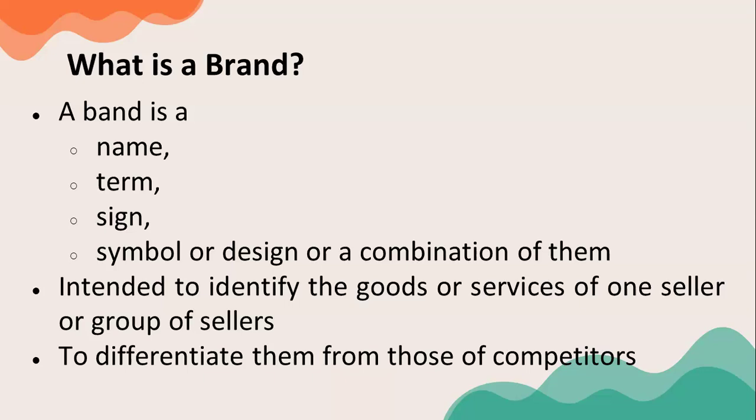So your product can be identified from all the other competitors in the market with your brand name or with your sign, symbol, or with your design, right? Your term. So to differentiate your product from the competitors, you do the branding, right?